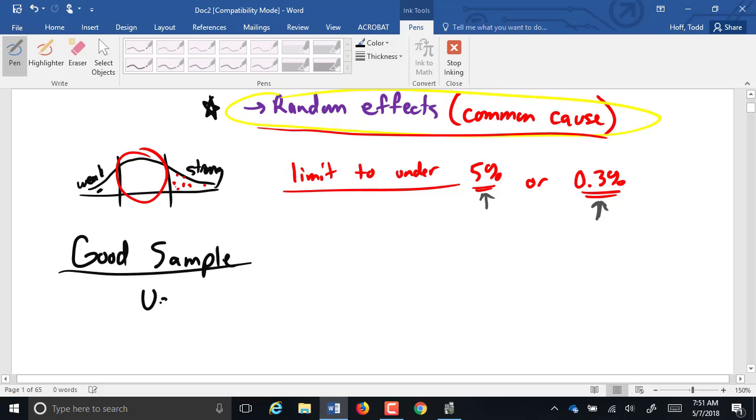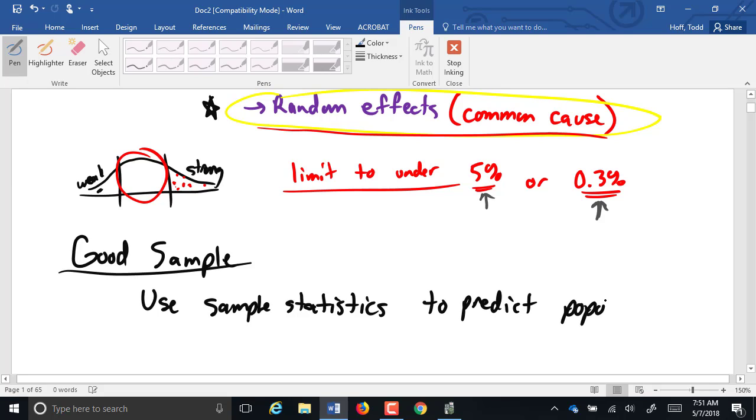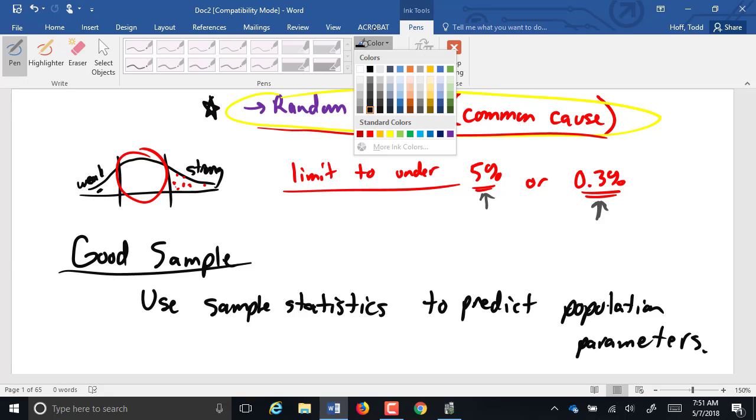We're trying to use those sample statistics to predict the population parameters. So if we knew the population parameters, we wouldn't need to take a sample in the first place.